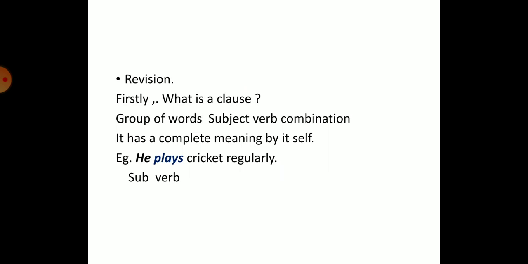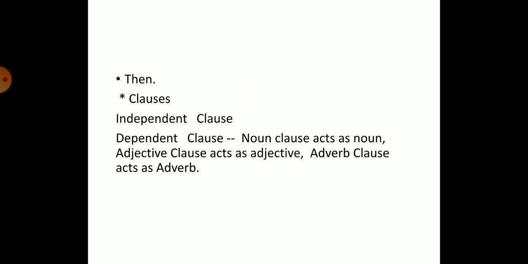Finally, we discussed the three types of dependent clause, which are the noun clause, which acts as a noun, the adjective clause, which acts as an adjective, and the adverb clause, which acts as an adverb in the sentence.